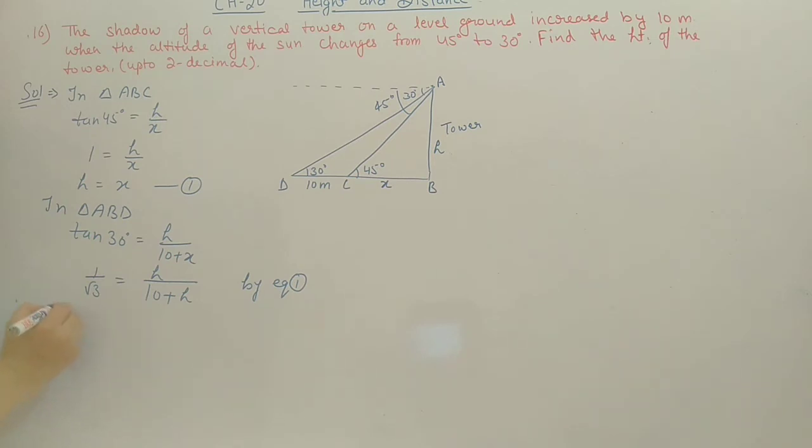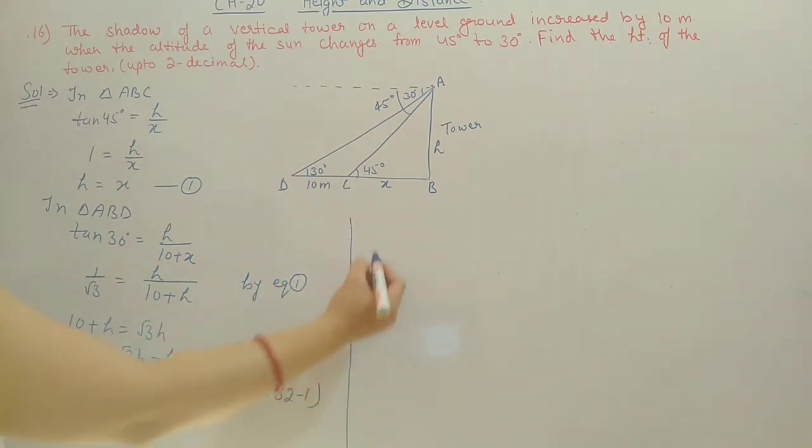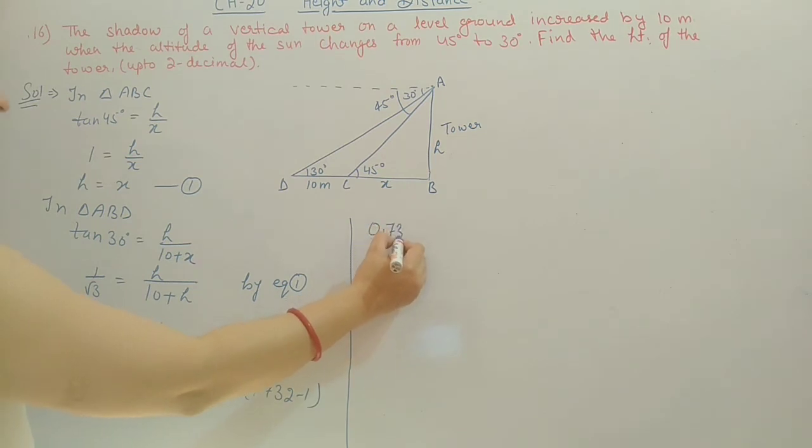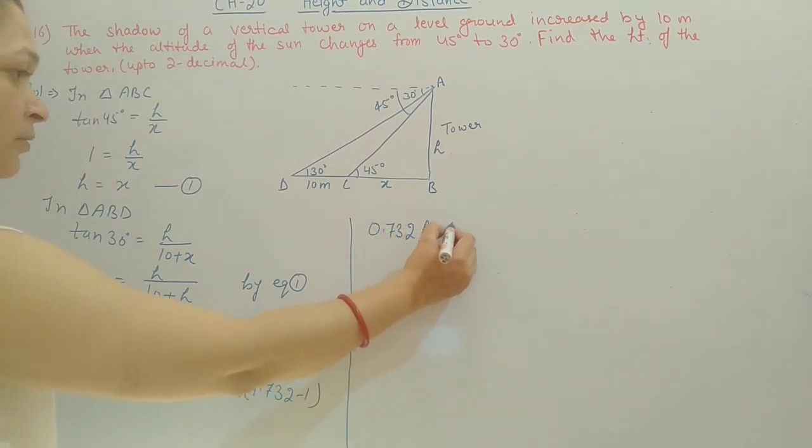Now we can shift this side. 10 plus h is equal to root 3 h, or we can write 10 is equal to root 3 h minus h. We can write it as 10 is equal to h times root 3 minus 1. Substitute the value of root 3, 1.732 minus 1. So we will get here 0.732 h is equal to 10.